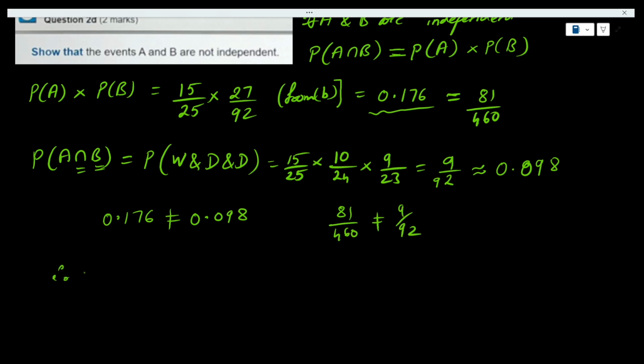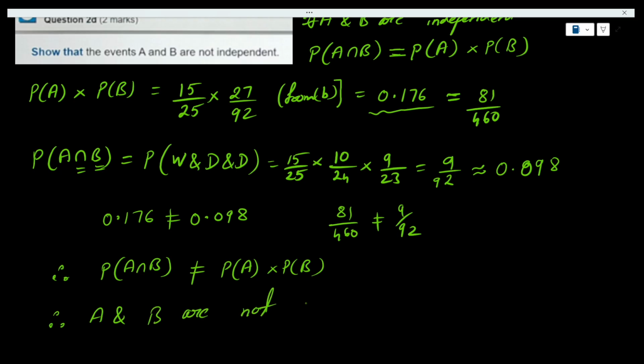So therefore we reach the conclusion that A intersection B is not equal to the product of the individual probabilities. Therefore A and B are not independent events. So this is the way you are going to solve these kinds of questions.